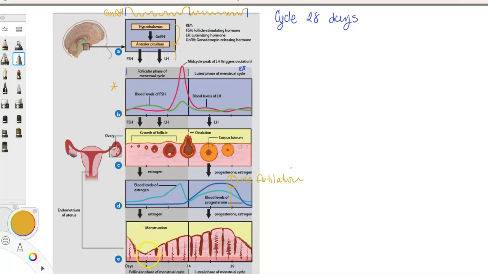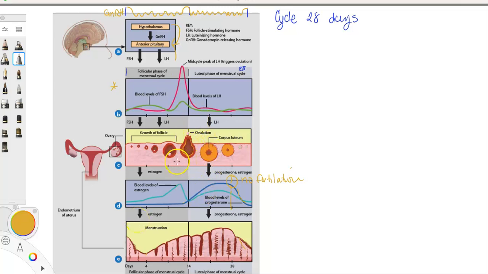So once you get to here, we're done bleeding, we've got more estrogen coming, and we're starting to build that and get things ready and get to ovulation. Then ovulation occurs, we get a burst of progesterone, and we get a really good endometrial lining here. We get to here, and if there's no fertilization, this drops off, and then it's time to start bleeding. Okay, so that's how the hormones are regulating what's going on.